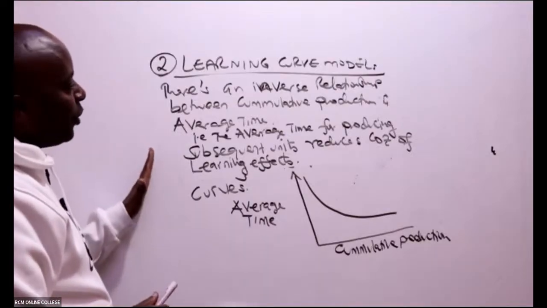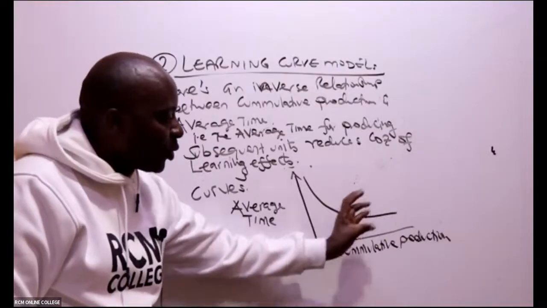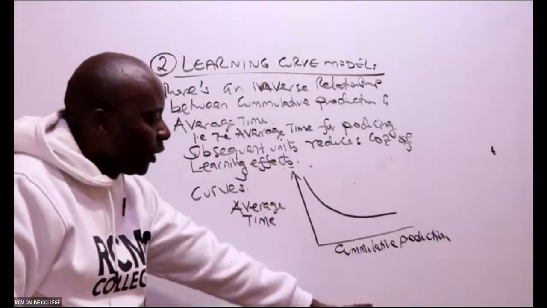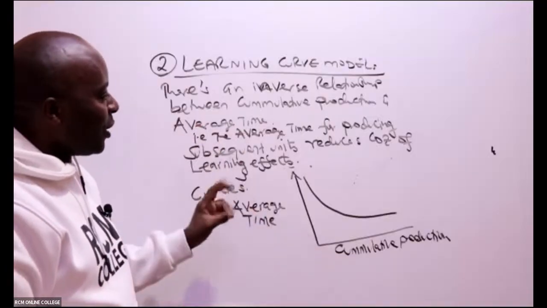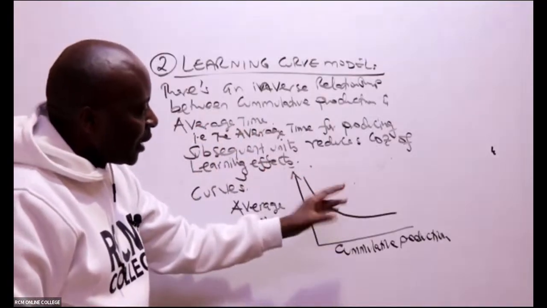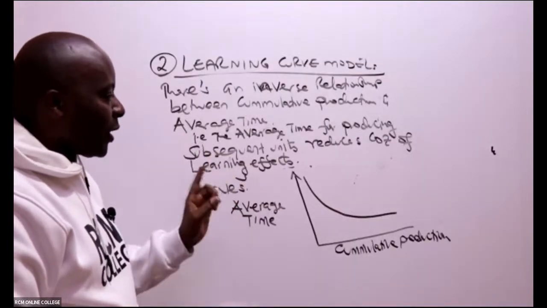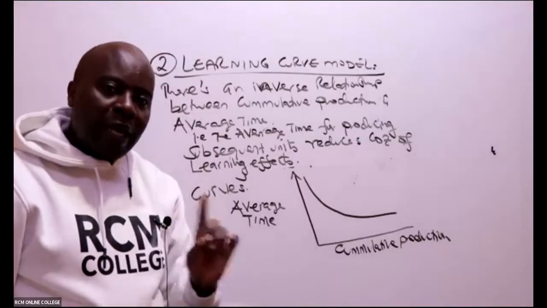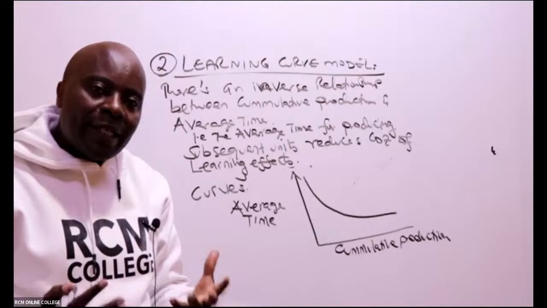So in the learning curve model, you can see the inverse relationship: as cumulative production is increasing, the average time is going down. The average time for producing subsequent units reduces because of learning effects. Even you at your workplaces, remember your very first day at work.